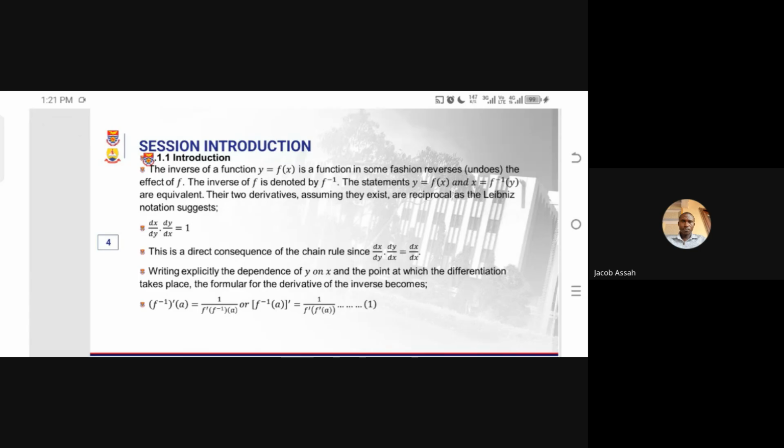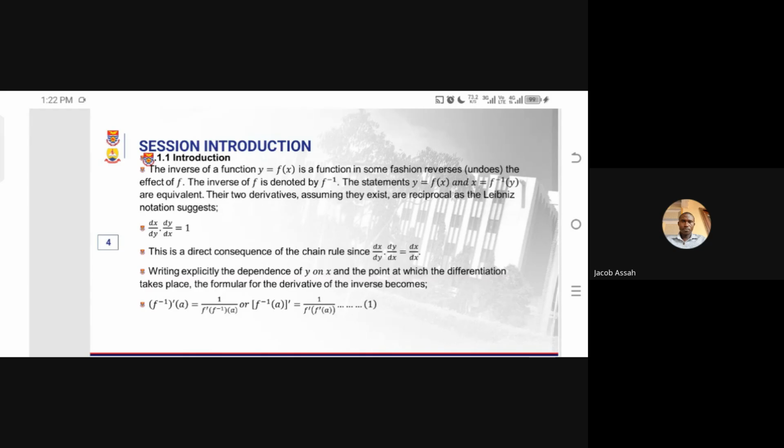So the introduction, I'll move fast because I've actually explained them. It is the ending part of slide one. It says that the inverse of a function y equals f of x is a function that in some fashion reverses or undoes the effect of f. So with inverse, we want to find the reverse or the opposite of f.